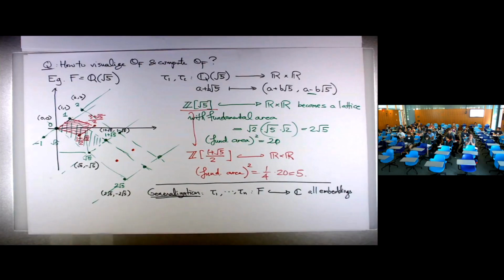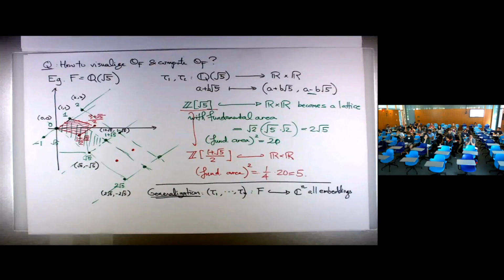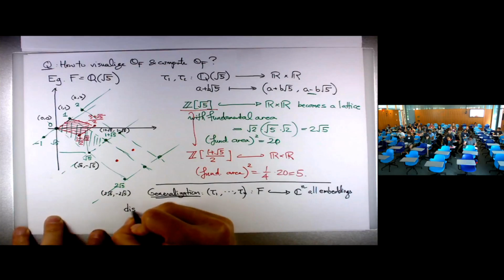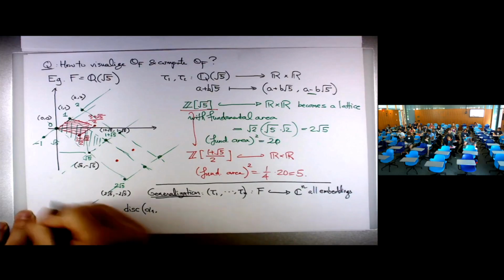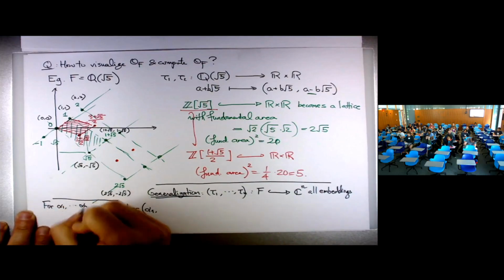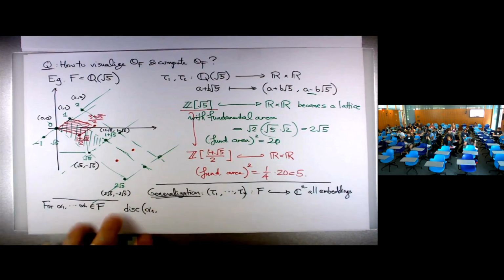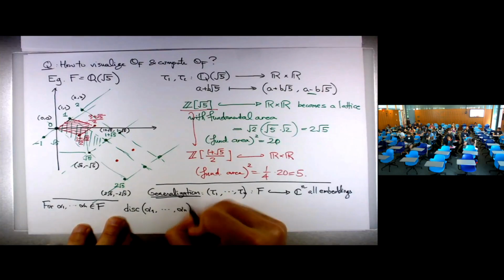And so supposedly this O_F, the ring of integers, is going to create a lattice inside this n-dimensional space. And I want to know the fundamental area of that in some sense, or fundamental volume of that. So I want to define something called a discriminant. Just say here, for alpha 1 through alpha n, you can define it over F. For all the elements in F, you can define the discriminant of them.